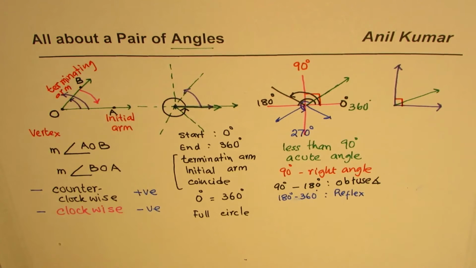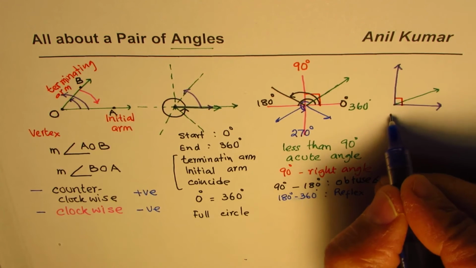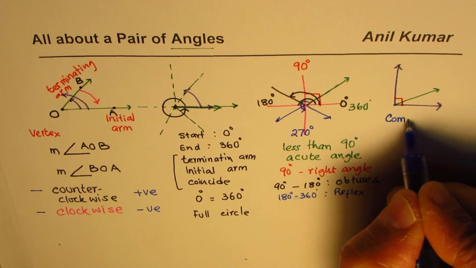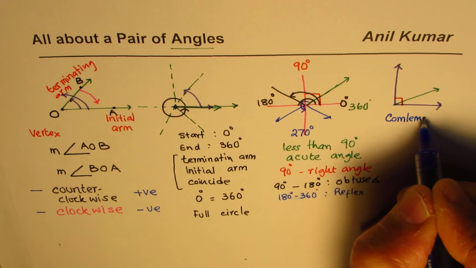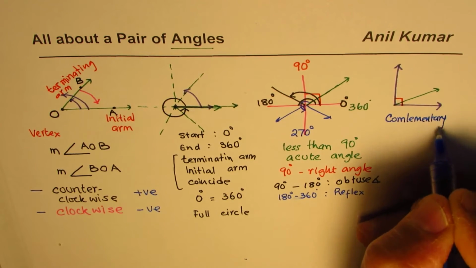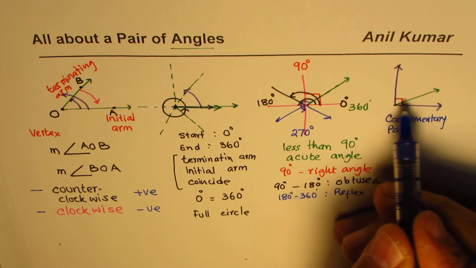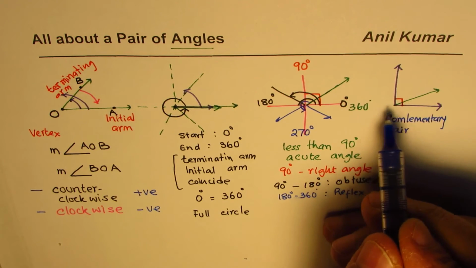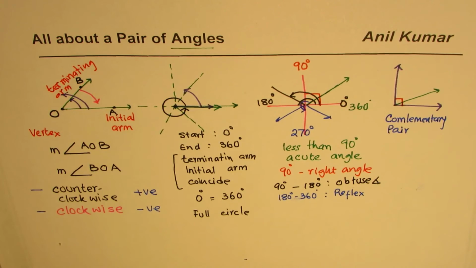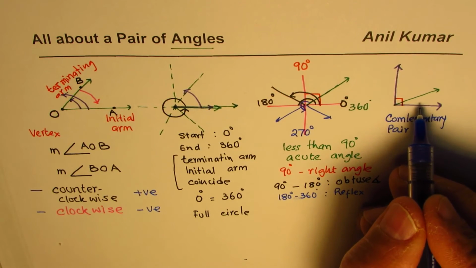In that case, we call this a complementary pair. If you put them side by side, they become 90 degrees, and then we call them a complementary pair.